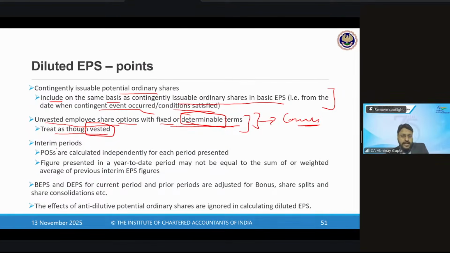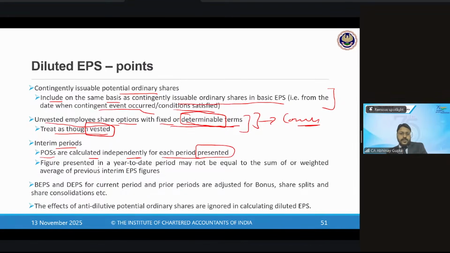Then interim periods. If the company is producing the quarterly results, or half yearly results, then how will the earning per share or diluted earning per share be computed? Then the standard says all the potential ordinary shares are calculated independently for each period presented.